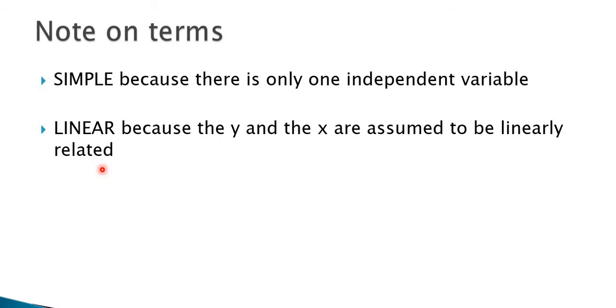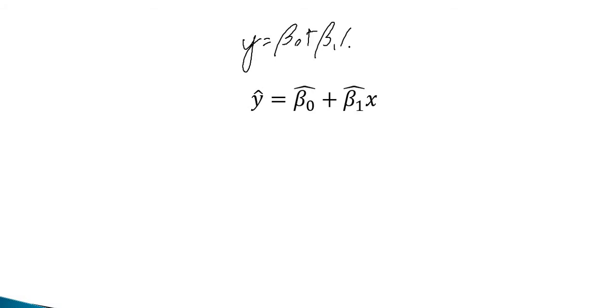So the nature of our relationship can be described as an equation of a line, which is y hat equals beta sub 0 hat plus beta sub 1 hat x. The first thing you would notice is that a while ago this was just y equals beta sub 0 plus beta sub 1 x. How come we now have these hats?